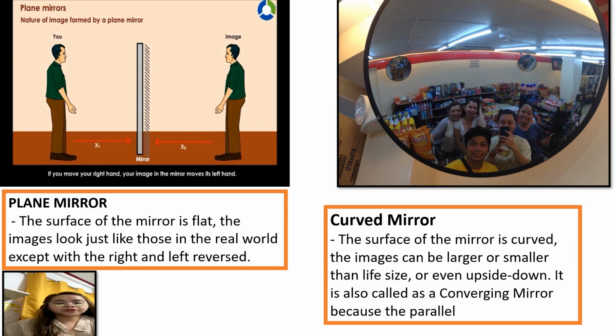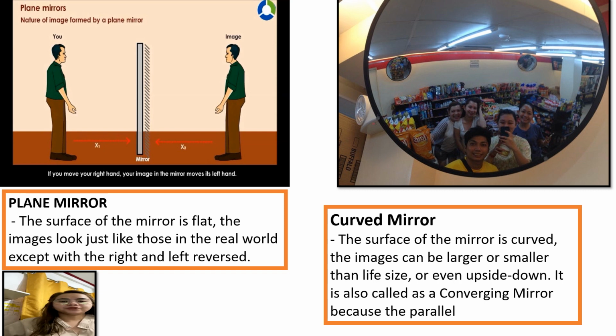To explain furthermore the differences between these two: when we talk about the plane mirror, the surface of the mirror is obviously flat. The images look just like those in the real world behind the mirror, except that the image is left-right reversed.